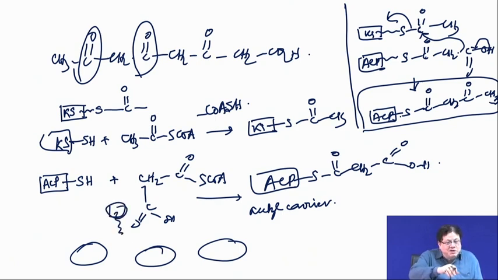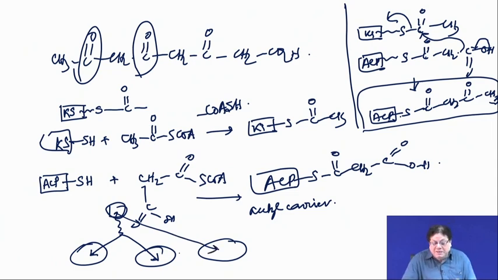So, there is a conformational change all the time. First, if there is a ketoreductase, it puts the whole thing into the active site of the ketoreductase. So, that reduces the carbonyl. Then this is taken out, and then this is shown to the dehydratase, put into the active site of dehydratase. Then dehydration takes place, and then if there is enoyl reductase, it will put to the enoyl reductase.